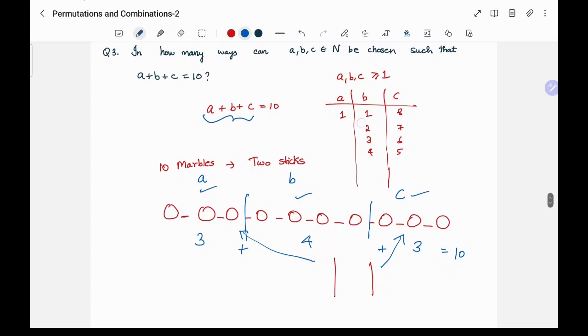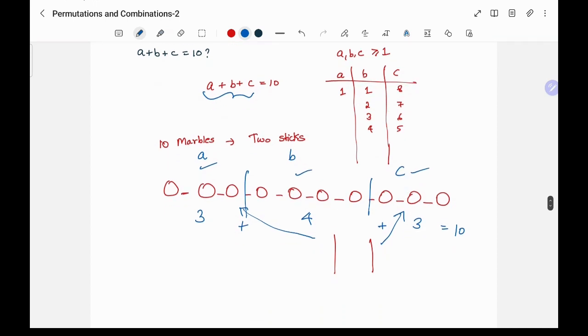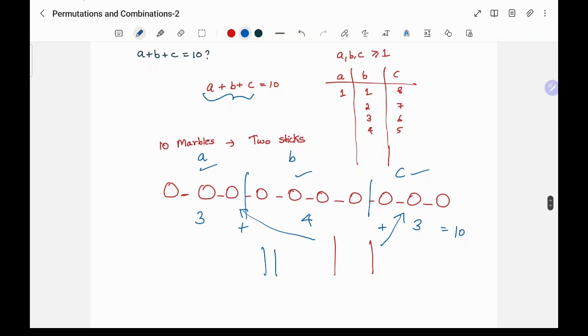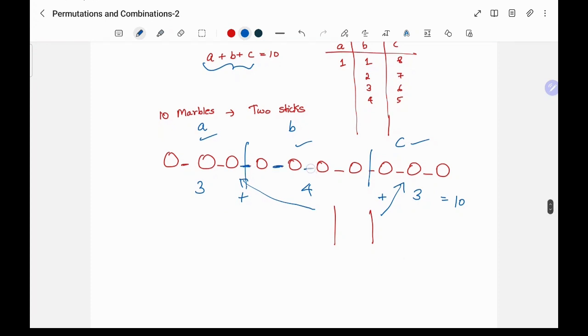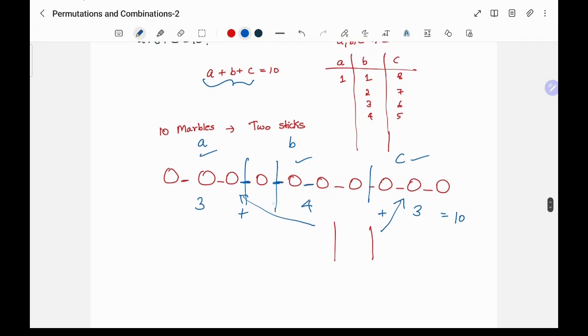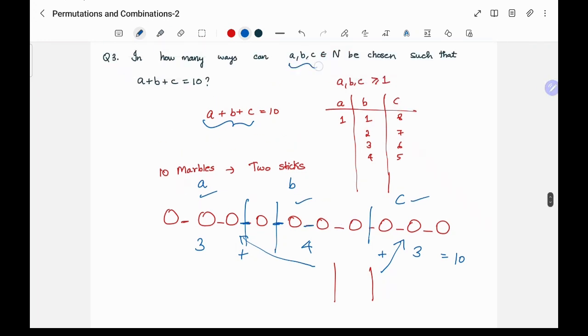So what the constraint that A, B, C belong to natural numbers says is that no 2 sticks can be together. If there are 2 sticks together, then it is like B is equal to 0, right? So this shouldn't happen. So we are giving 1 place for each, so there should be only 1 place between each marbles, so that the minimum number between two sticks is restricted to 1. Hence, this constraint that A, B, C belong to natural numbers is satisfied.